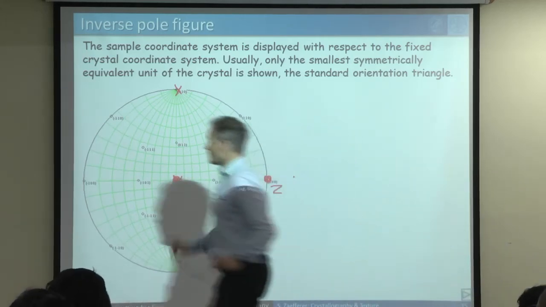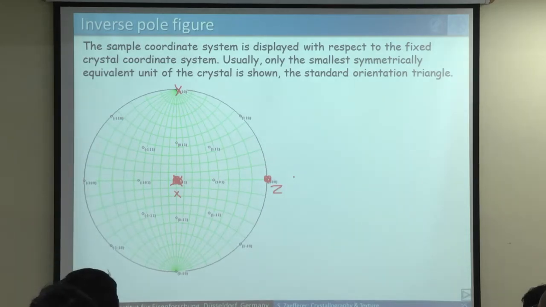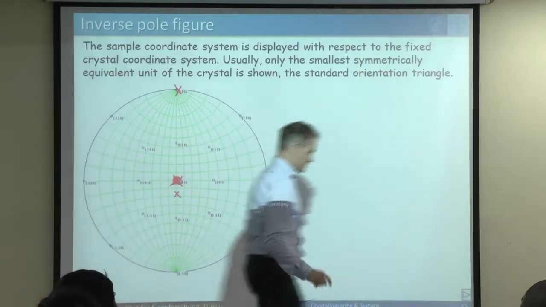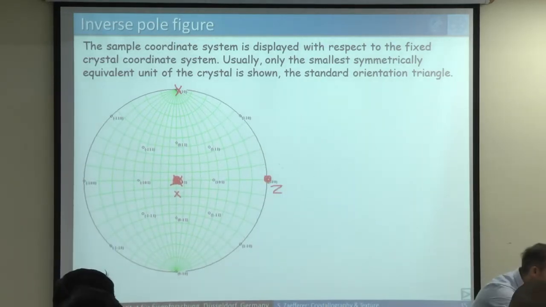Or let's make a third example. By the way, you must always make sure that these two vectors are perpendicular to each other. That's why I checked whether I'm getting the right angle. So (111), and then we take [01-1], for example. Okay, that is a reasonable orientation because these two vectors are perpendicular to each other. Let me do it. (111), we said.